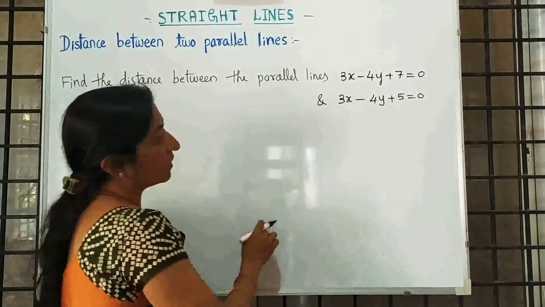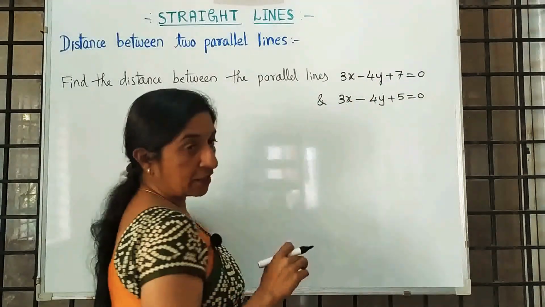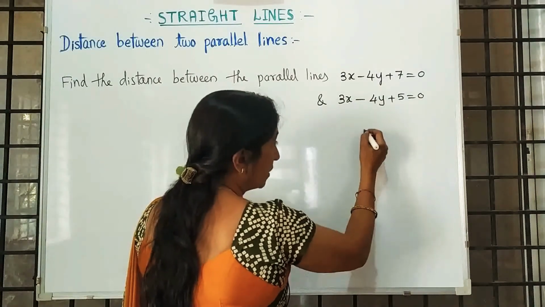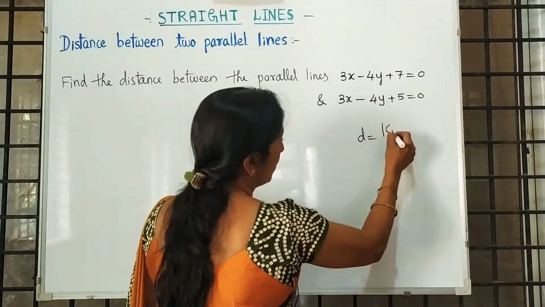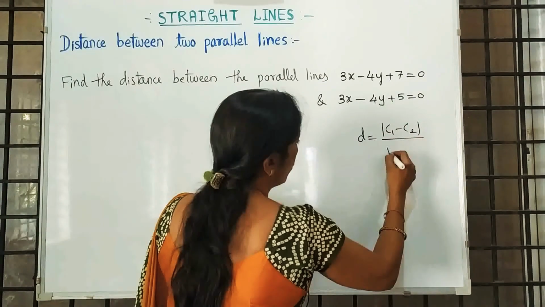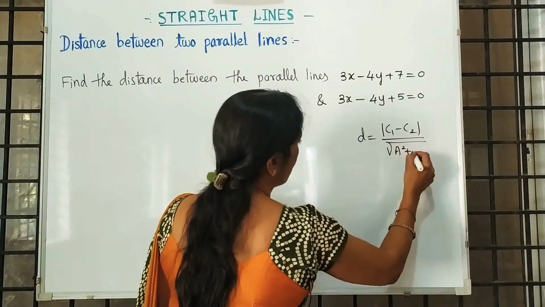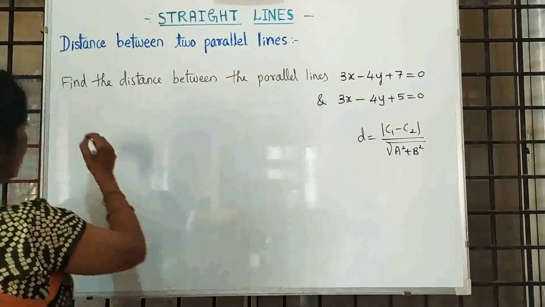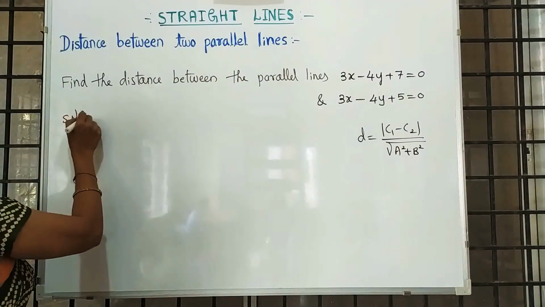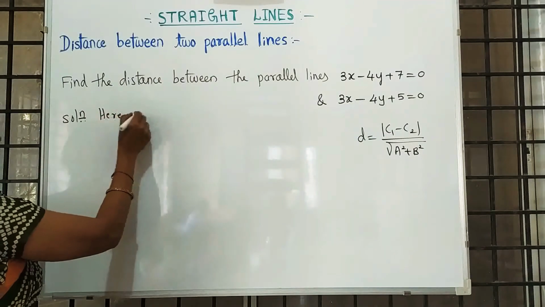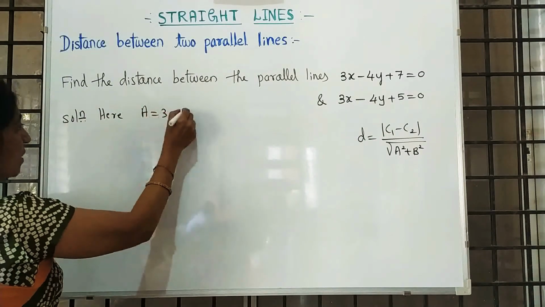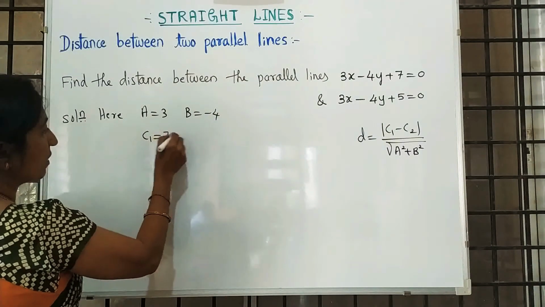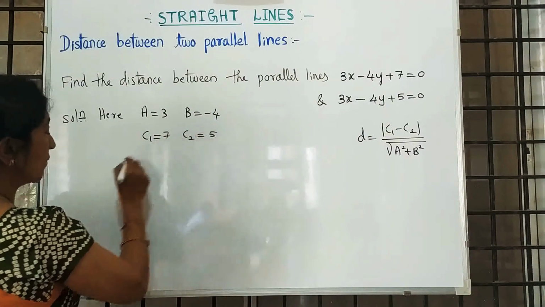See, observe that their x and y coefficients are the same, only they differ by the constants. So the distance d is c1 minus c2 upon root of a square plus b square. Here, what are a and b? A is the x coefficient, b is the y coefficient. Here a is equal to 3, b is equal to minus 4, c1 is 7, c2 is 5.